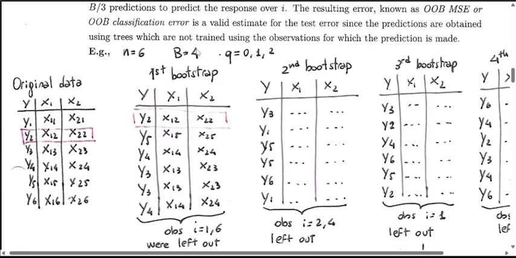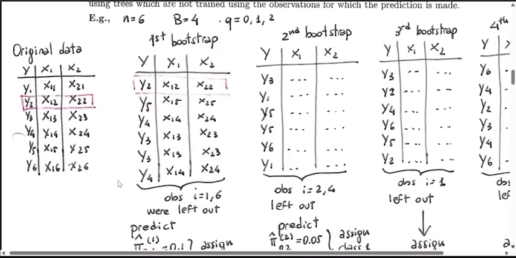The 4 bootstrap samples are going to come from the original data set. The response variable here has 3 classes: 0, 1, 2. Please focus on the board. This is the original data set.